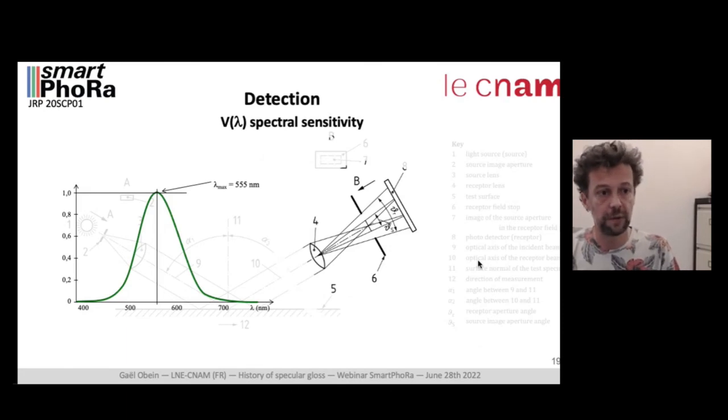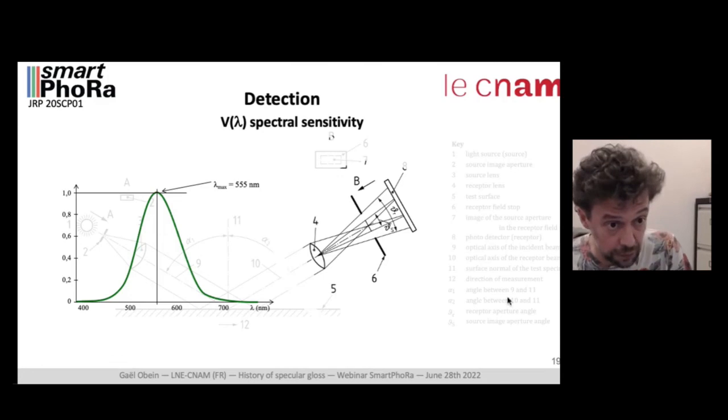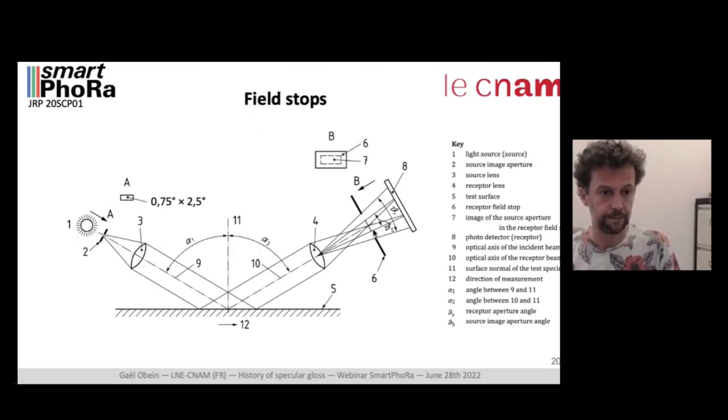That means that you need to put here a filter that will have a spectral mismatch factor adapted to the illuminant or whatever. That's the only thing that is difficult. And then you also have to control your aperture well.